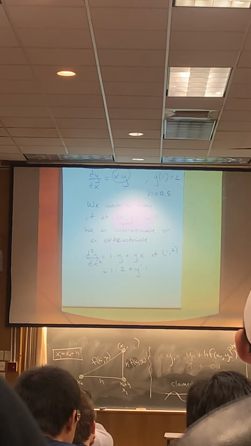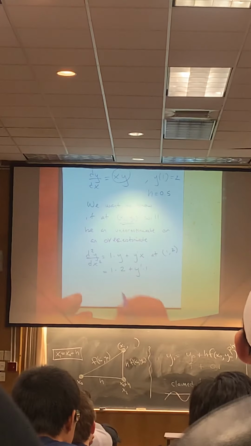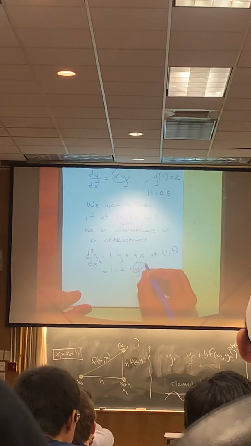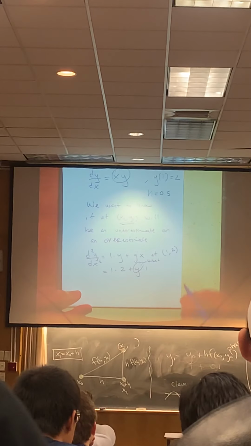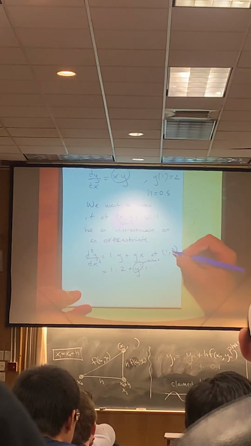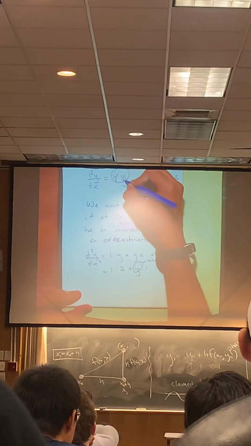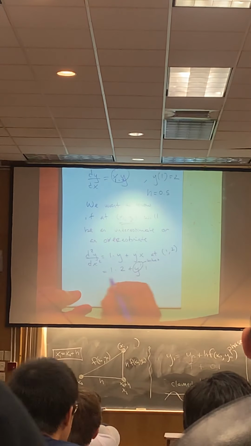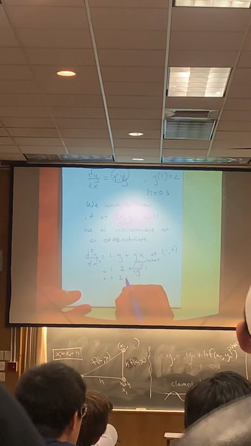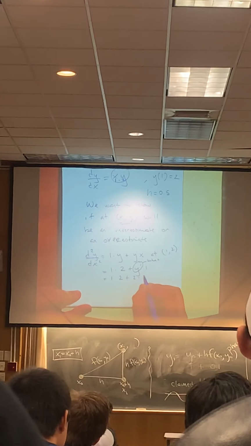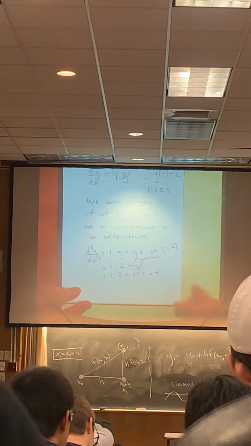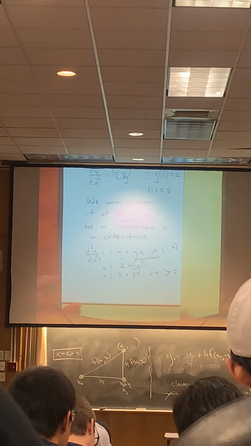So look at the DE way upstairs, near 1, 2. That's a 1, that's a 2. So then we get 1 times 2 plus 2 times 1. We get 4. 4 is greater than 0.